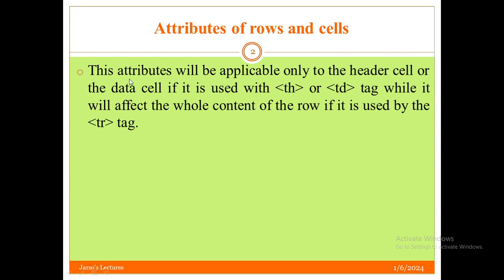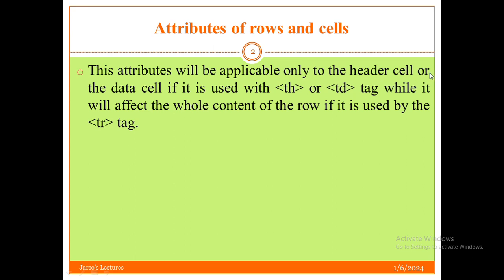When we start, look here, attributes of rows and cells. This colspan and rowspan are attributes of rows and cells. They are not attributes for the whole table. Look now, this attribute will be applicable only to the header cell and to the data cell. It is implemented only on th, which means table header, and td, which means the data cells, the contents of the cells.